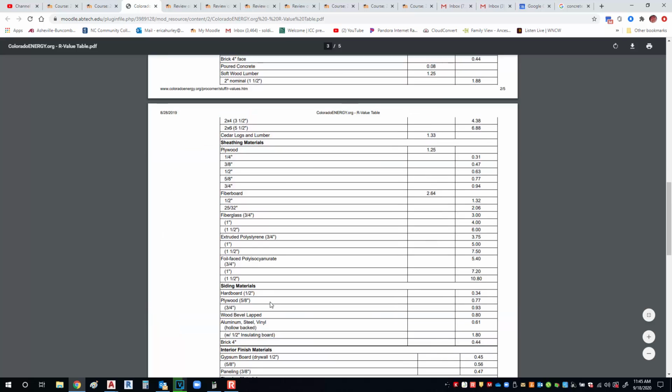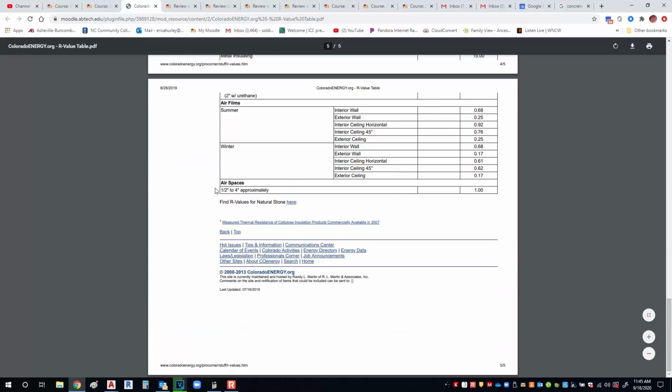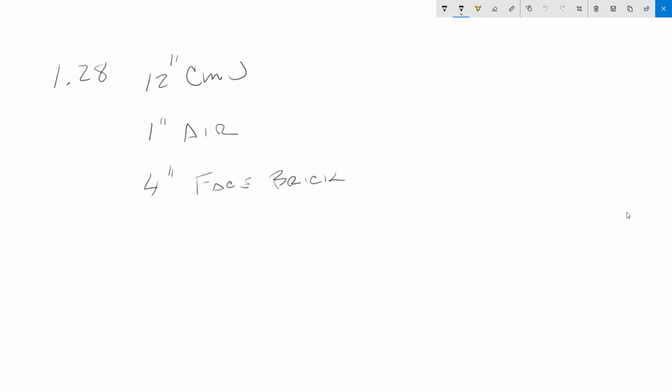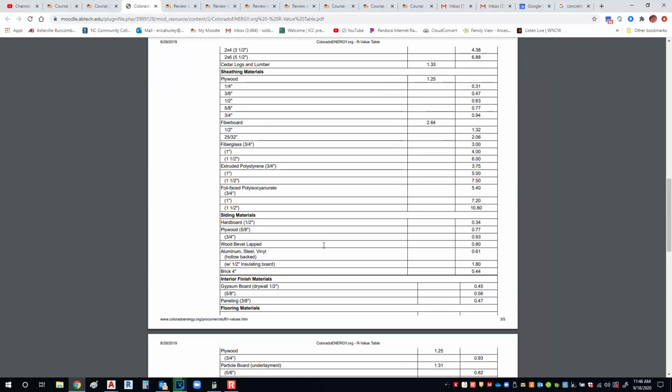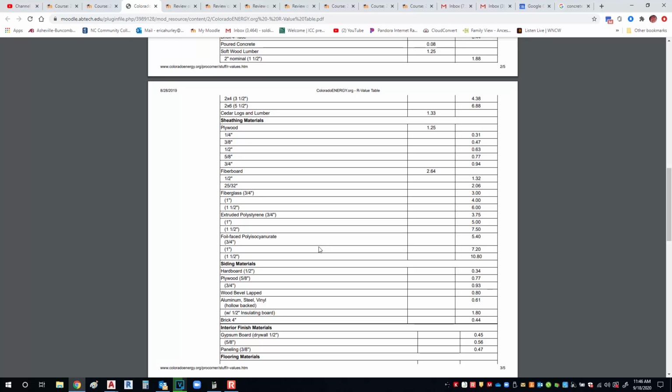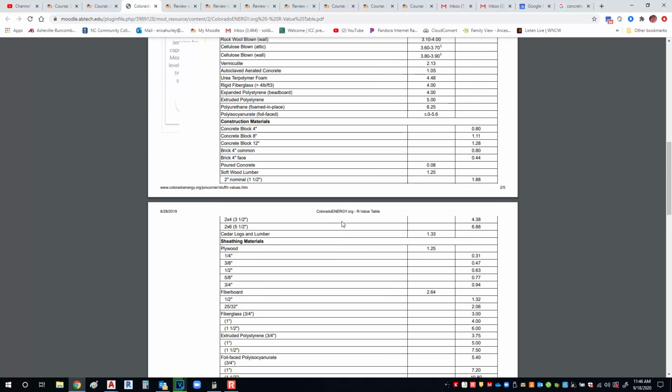We have an airspace. You go all the way down here at the bottom. Airspace is 1/2 inch to 4 inches, which is going to be a 1 all day long. And then we have to look up the 4-inch face brick. Four-inch brick is 0.44. Is there another one in here somewhere? Yeah. Okay, so don't use the common.